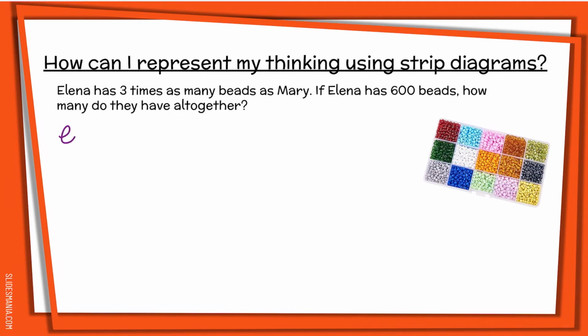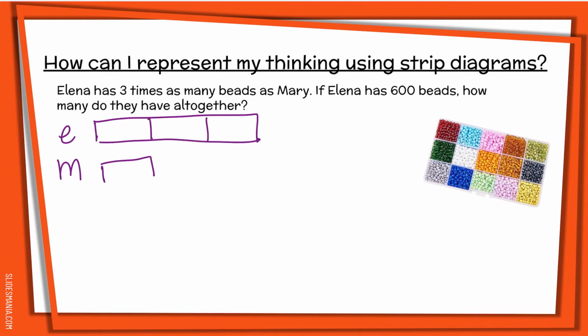So I know Elena and Mary. And Elena has 3 times as many as Mary, which means for every one that Mary has, Elena has 3. And then they told me that Elena has 600 beads. So Elena is equal to 600. And we want to know how many they have all together.